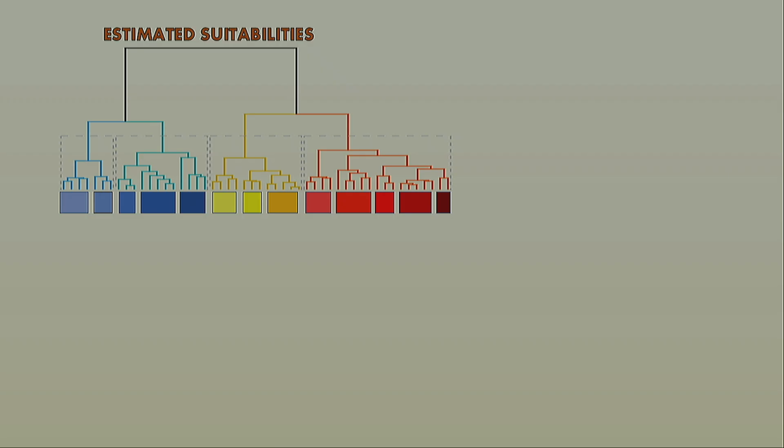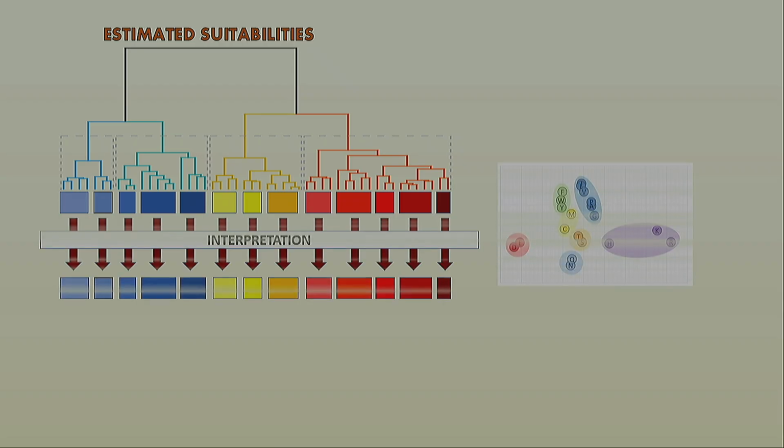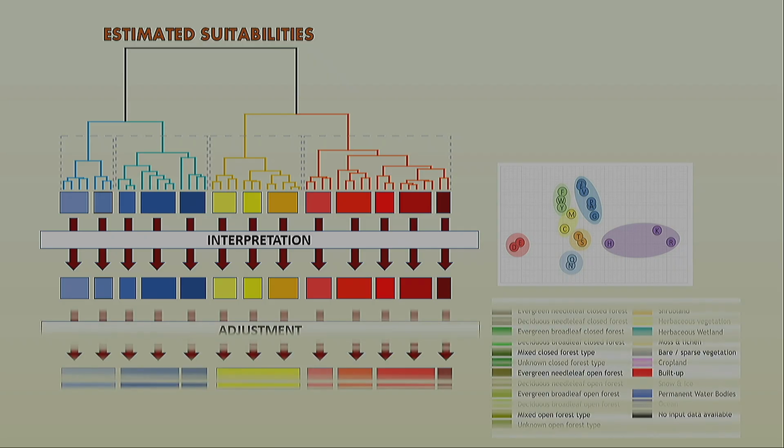We will have, I estimate, 100 species with a suitability for each cell, and these cells would be grouped in terms of the multivariate variability of those suitabilities. These groups would be interpreted through another multivariate analysis, some kind of ordination method, some kind of PCA or whatever, to see what the characteristics of those groups are.